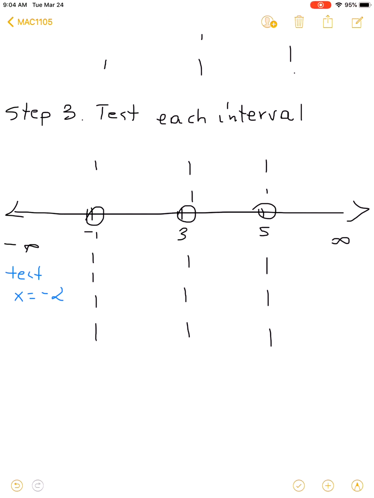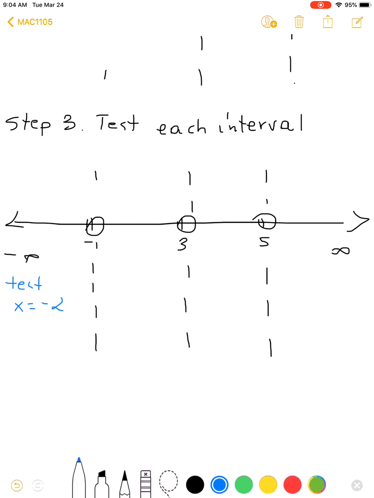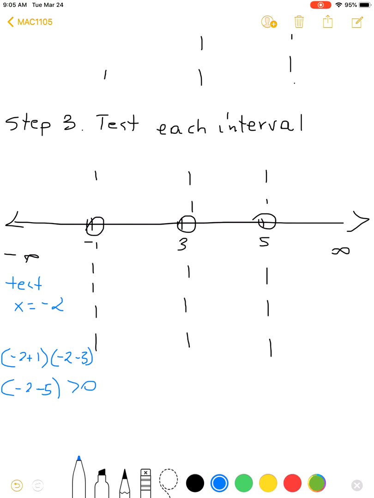So we have -2 plus 1 times -2 minus 3 times -2 minus 5, and again I'm checking if that will give me something positive.